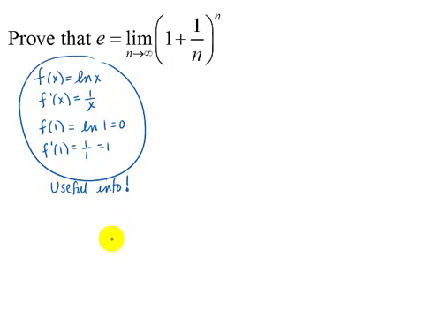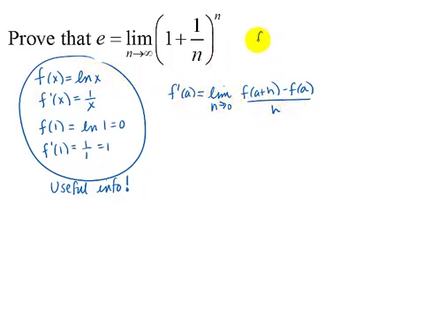Alright, to start this proof, we're going to use this function, and we're also going to use the limit definition of derivative. If you recall, the limit definition is f prime of a is equal to the limit as h approaches 0 of f of a plus h minus f of a all over h. We're going to take our natural log of x and use this limit definition of derivative to see what we get, and we're going to tweak it a little bit.